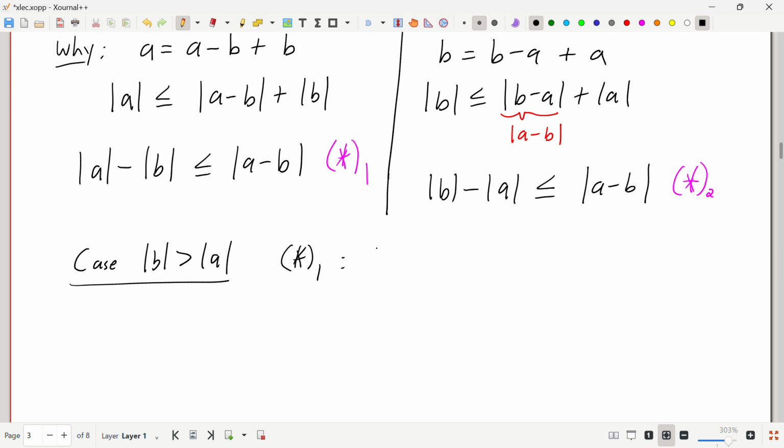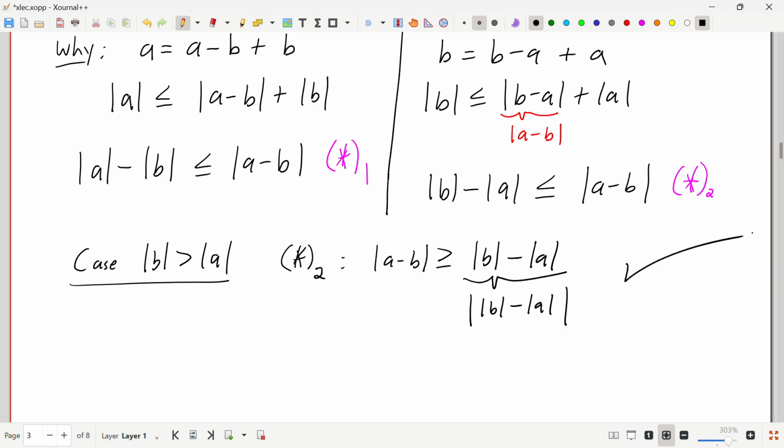Would say that A minus B is bigger than or equal to A. No, that's not the one I want. It's star 2, the one that's going to give me something I want. Star 2 tells me that the absolute value of A minus B is bigger than or equal to B minus A. And because B is bigger than A, this is equal to the absolute value of B minus A. So check.